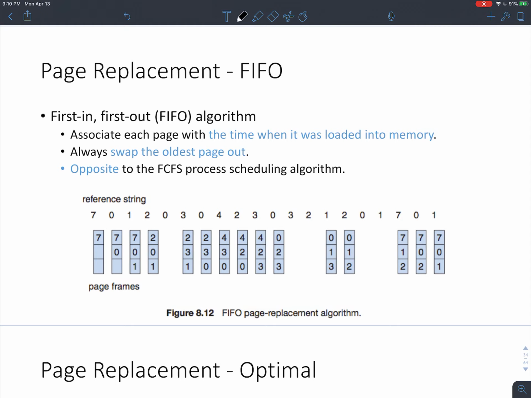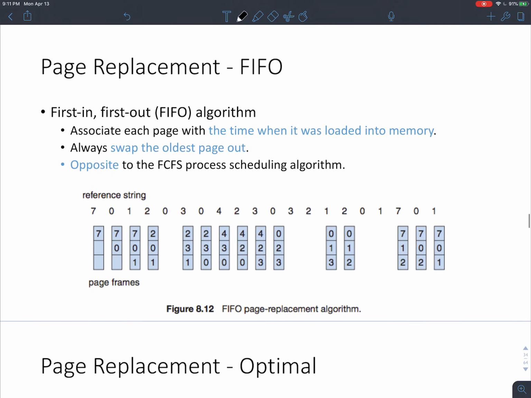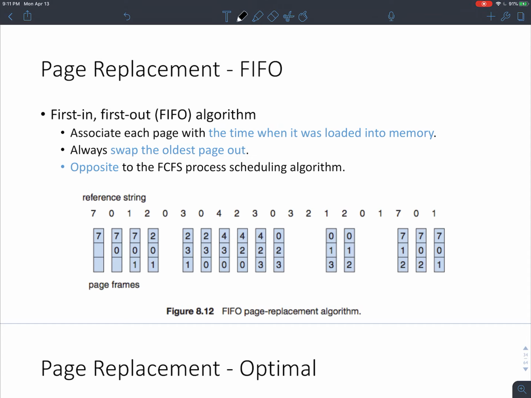Suppose we have a series of reference strings. A reference string is a string of the indices of the pages that we want to refer to. Suppose that our physical memory can only hold 3 frames, so we have 3 free spaces.